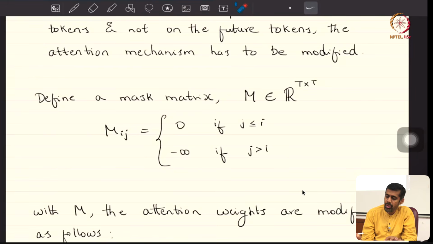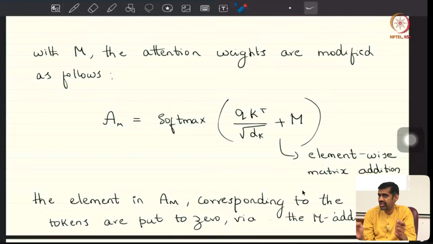What do we do? Remember that in the attention mechanism, after the dot product between the query and key values, before you multiply with the value vectors and take the linear combination, you pass it through the softmax to ensure that the values are bounded between 0 and 1. Now before you pass it through the softmax, just add this masking matrix. What does it do? Softmax has an exponentiation operation to it.